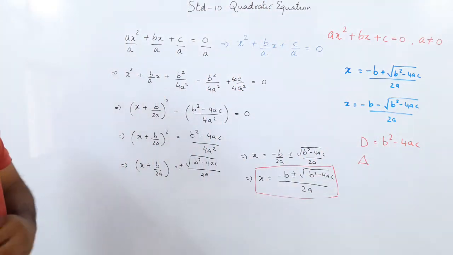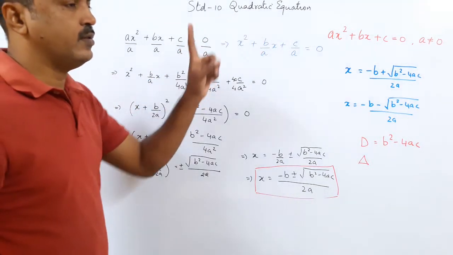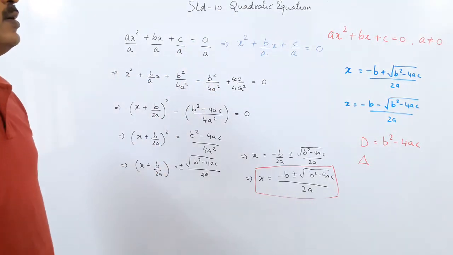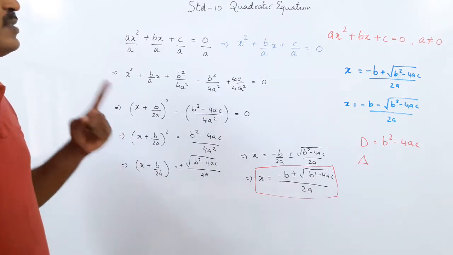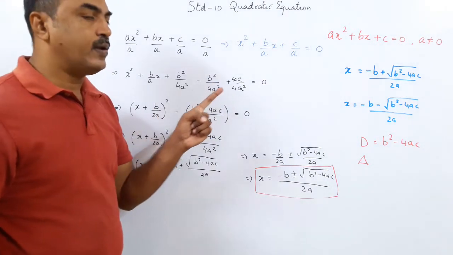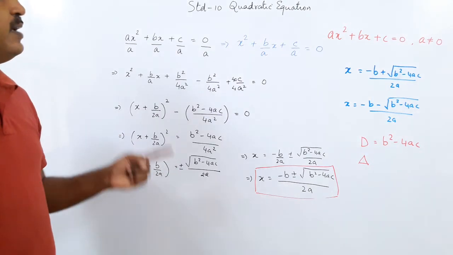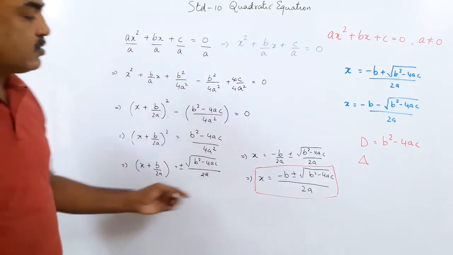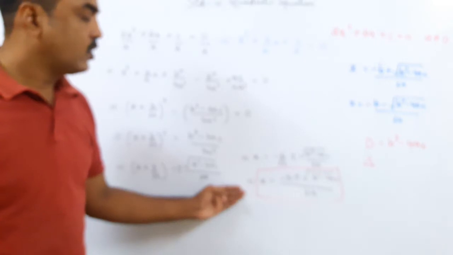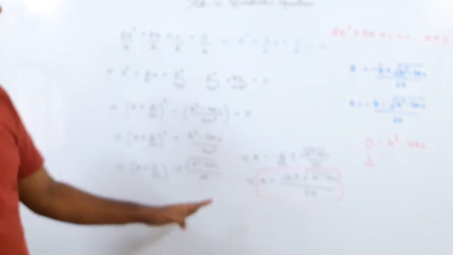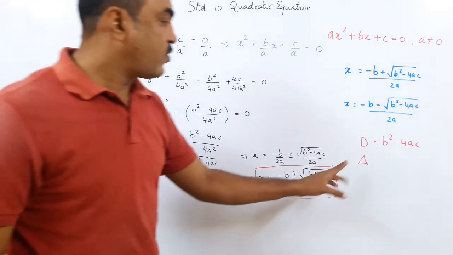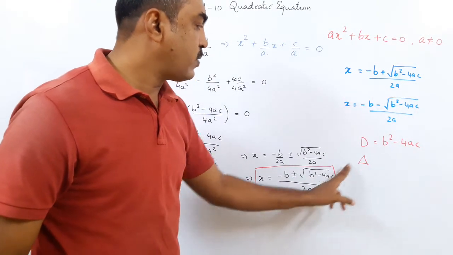So we have done three methods for solving a quadratic equation. The first one is called the factorization method, or splitting the middle term. The second method we did was completing the square, which we did in the previous lecture. And today we have done the third method, called the quadratic formula. In this formula, which is a general formula, you can use it anywhere. First find out D, that is b square minus 4ac.